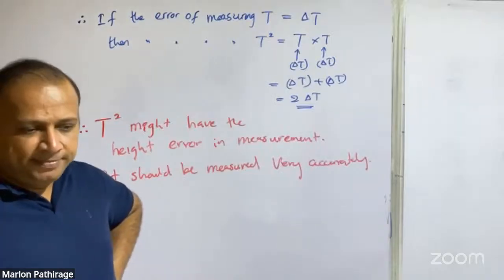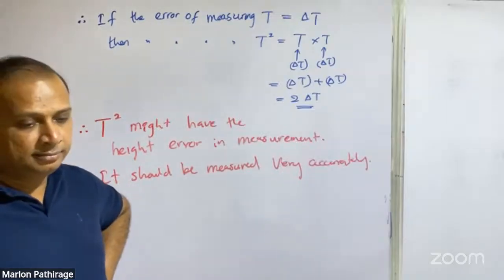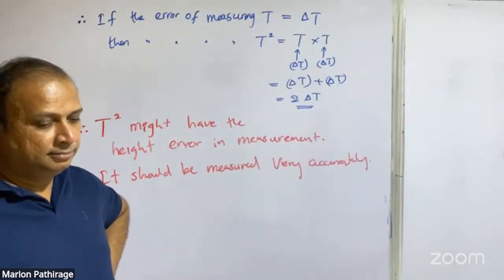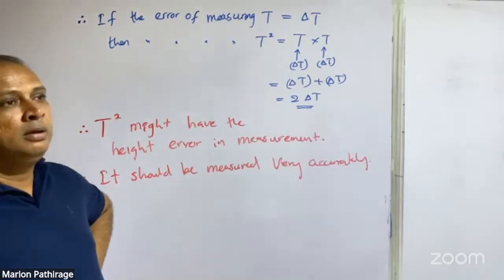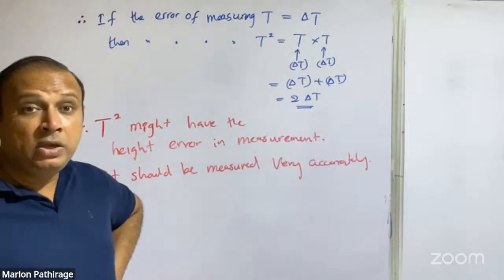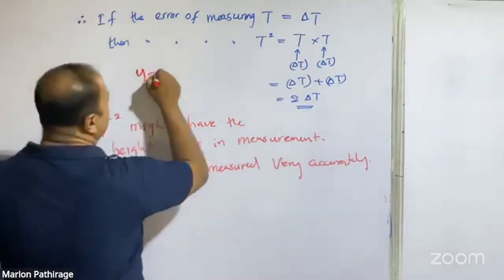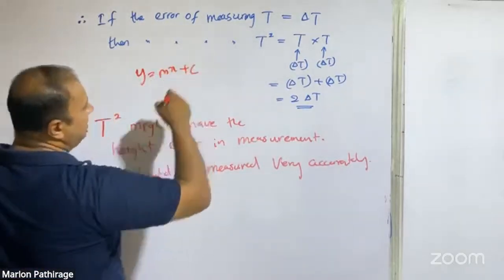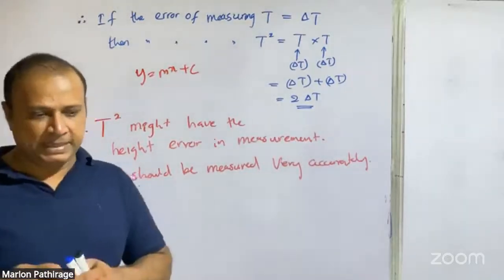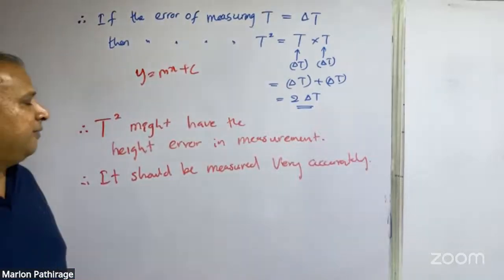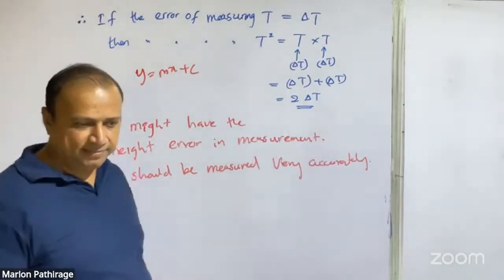Instead of that, we will have a y equal mx plus c type graph. What would be the reason?